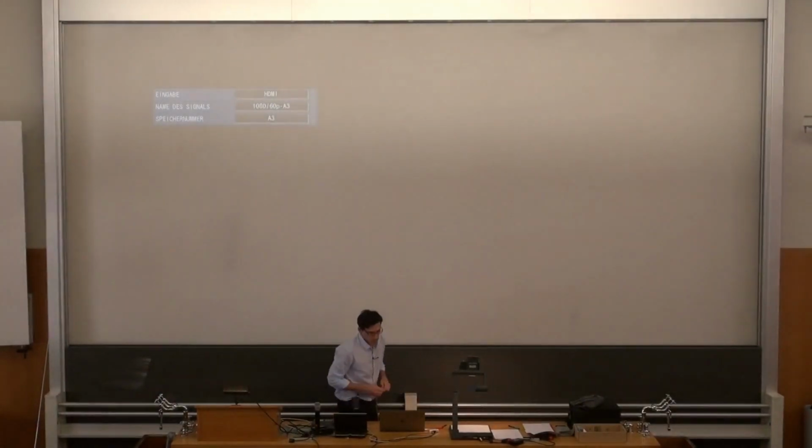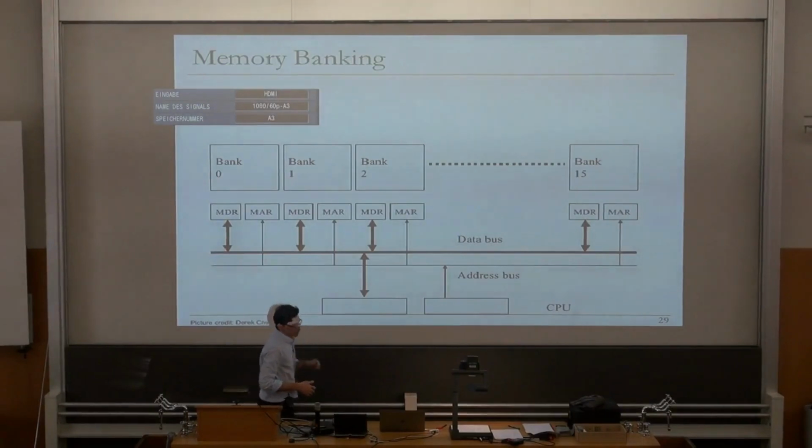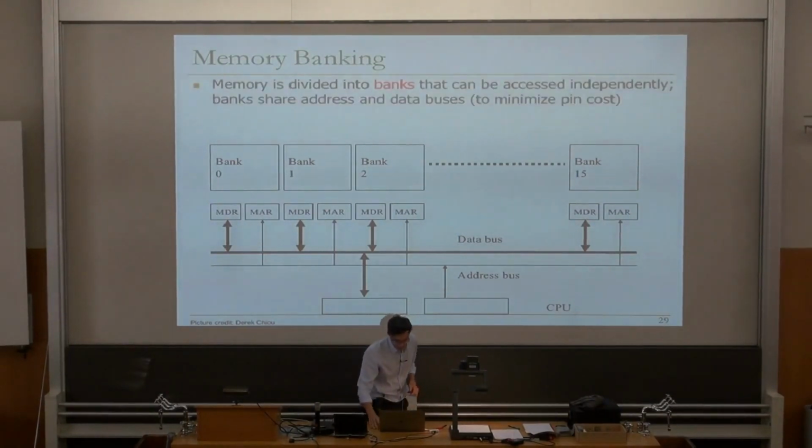Okay, cool. So this is what we have just explained. Memory is divided into banks that can be accessed independently. In the example and here in the slide, all the banks are sharing the same address and the same data bus.